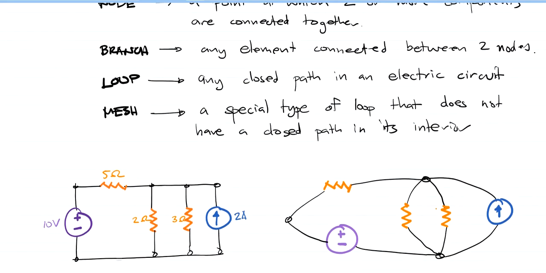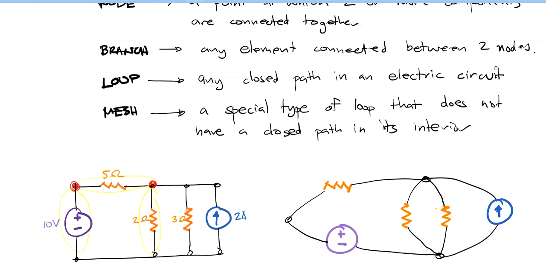So right here, let's say here's our first component, right? And here's our second component. So this point right here is going to be a node. Okay, so what else? Let's say here's our first component and here's our second component. So this will be a node as well.